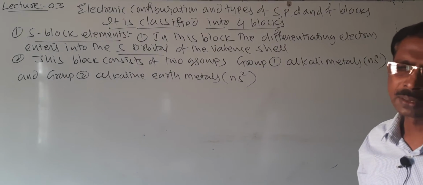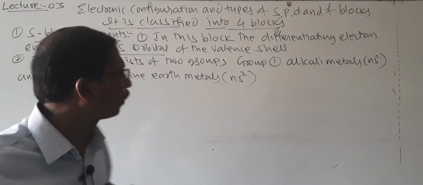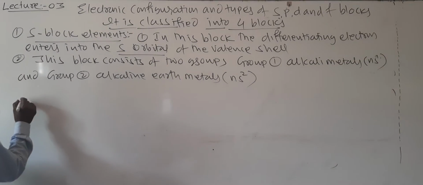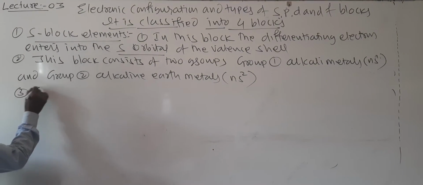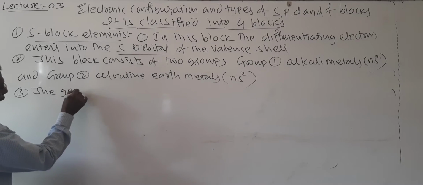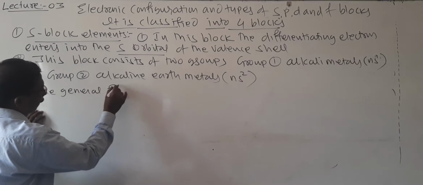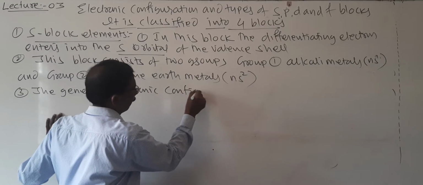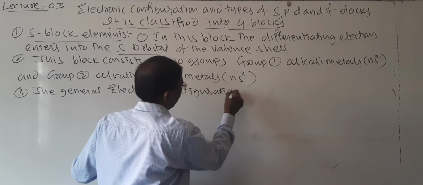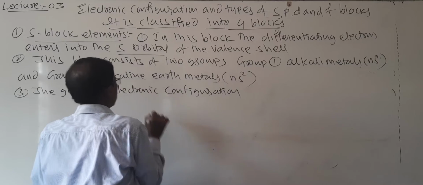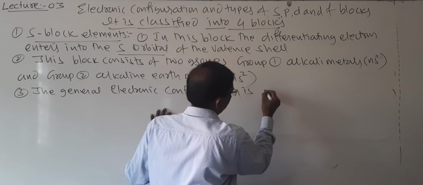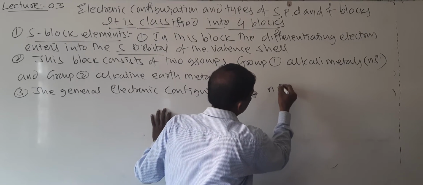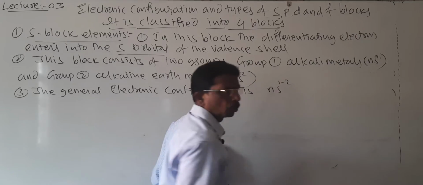Alkaline earth metals. And here the third important point is the general electronic configuration is Ns raised to 1 to 2.